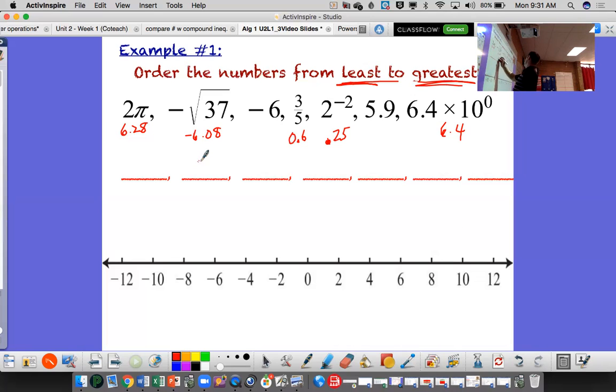So the biggest negative is negative 6.08. I'm going to write that like that. And negative 6.08 would be somewhere about here, right? So that would be the negative square root of 37 on the number line. The next one is negative 6, and that would be right here, right?